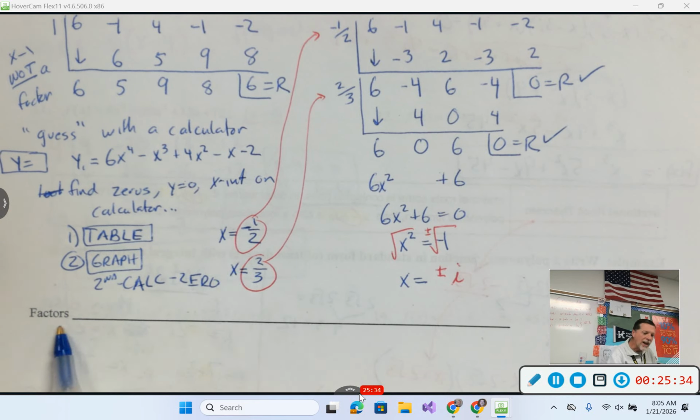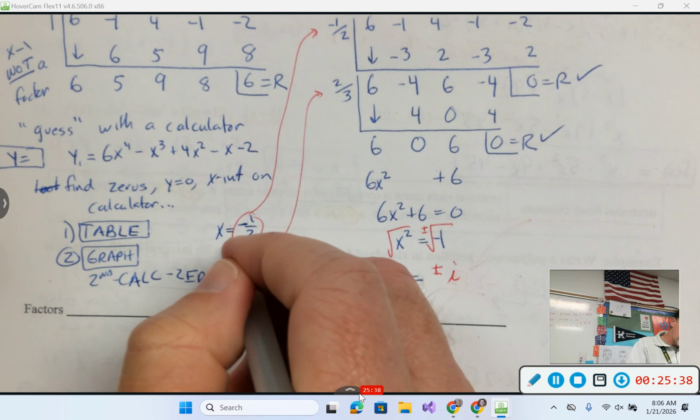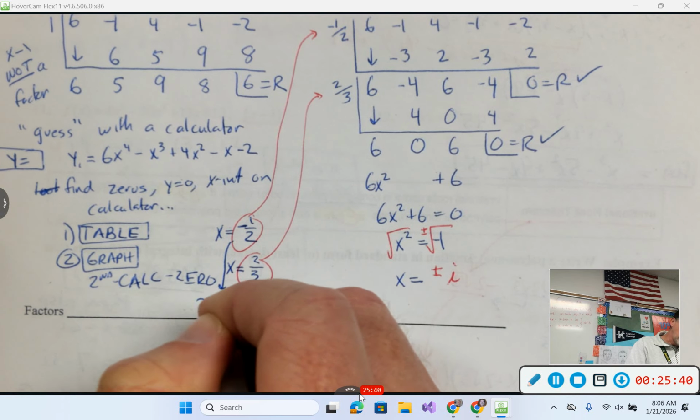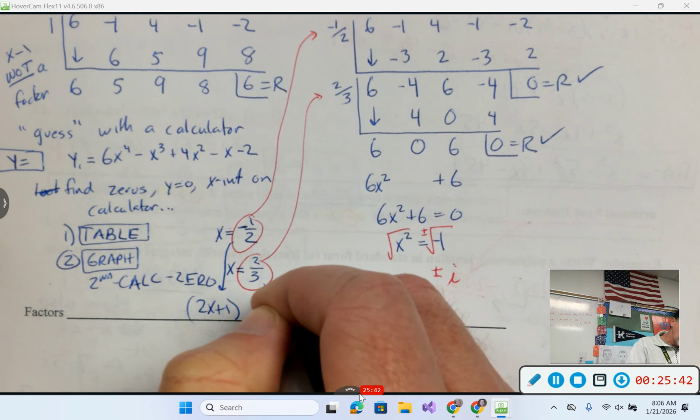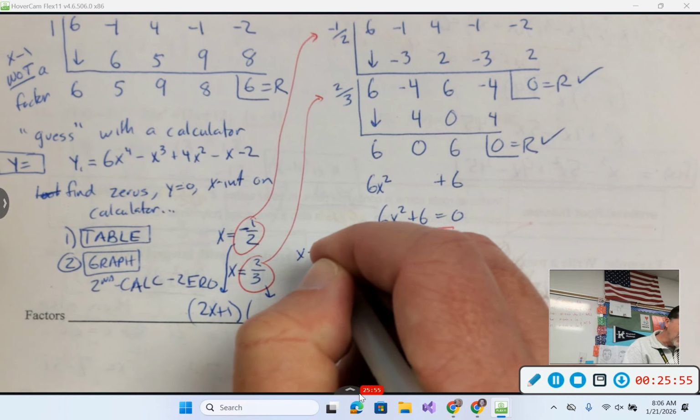Okay, so what factor would have led to negative 1/2? 2x plus 1. What factor would have led to 2/3? 2x minus 3. Oh, no. It's the other way around, right? Yeah, 3x minus 2. Again, if you get stuck on those, be careful.